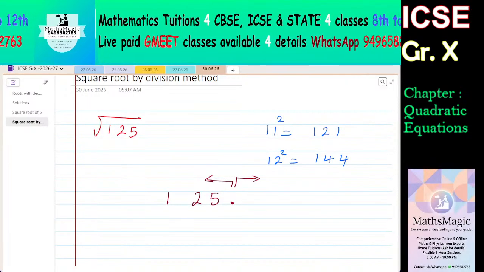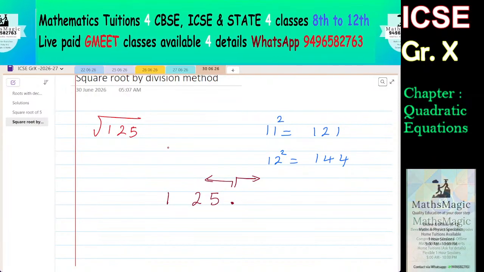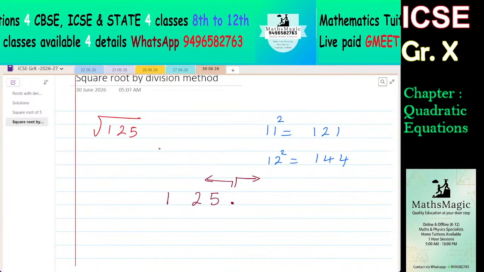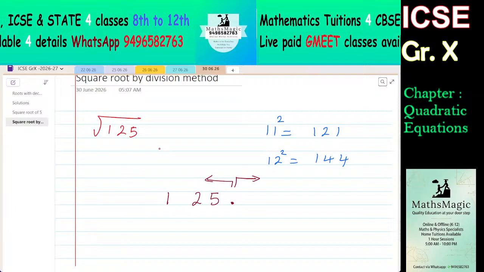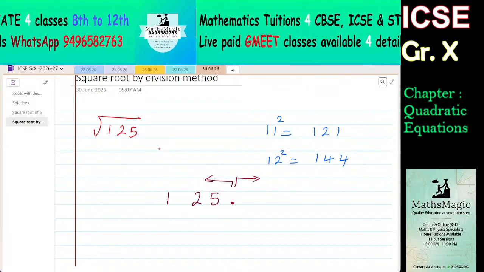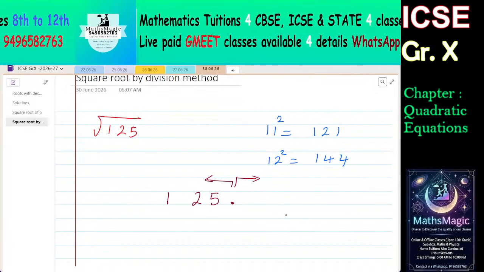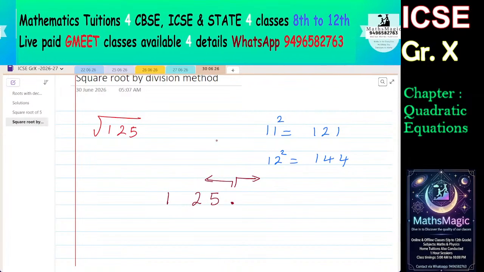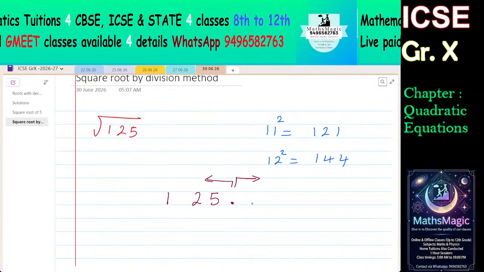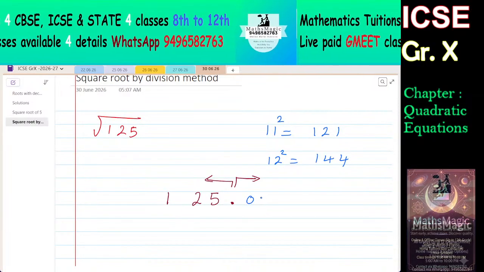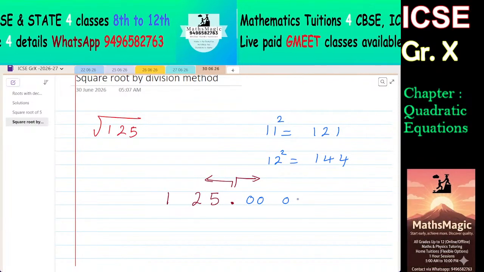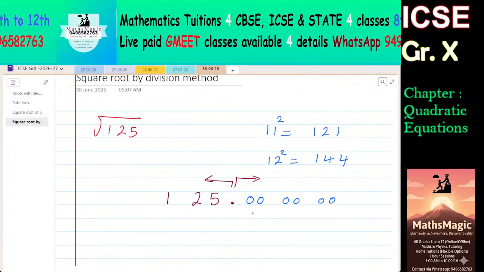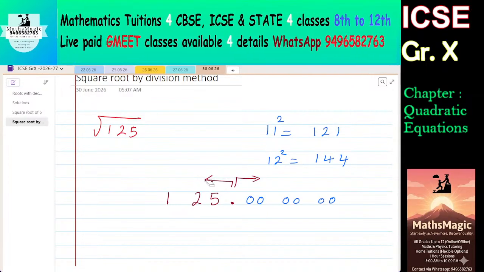If you want to find this root correct to 3 decimal places, we need to find the fourth decimal place, then correct it using that fourth decimal place. Normally, in the question paper, we'll get corrected to 2 decimal places. So we need to find a total of 3 decimal places. Then by checking the values of the third one, we will get the correct value.